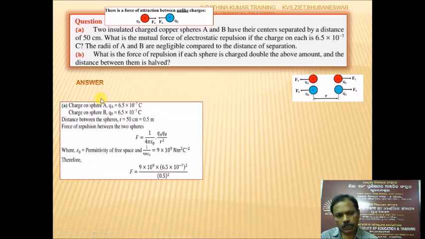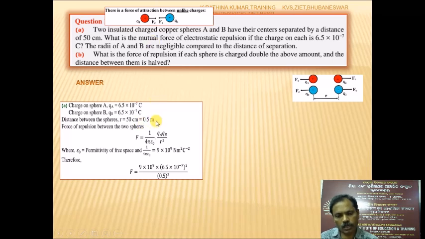To solve this question, first, charge on sphere A, QA is equal to 6.5 into 10 power minus 7 coulomb. Charge on sphere B, QB is equal to 6.5 into 10 power minus 7 coulomb. Distance between the spheres R is equal to 50 centimeter is equal to 0.5 meter. So write the given values.